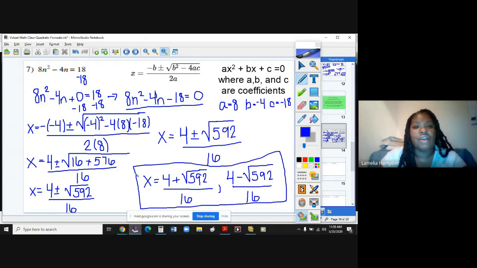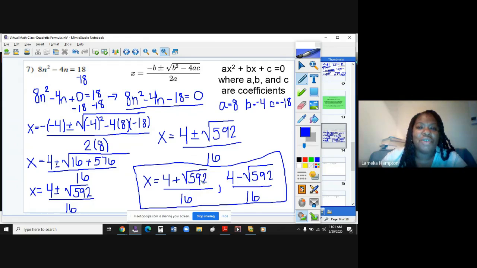Sometimes your answers are not going to be negative or positive. They're going to look like these, and that's okay. So if you find yourself saying, oh my God, this answer looks really weird, chances are it's supposed to be weird looking. So again, I don't want you all to be intimidated by what you see.